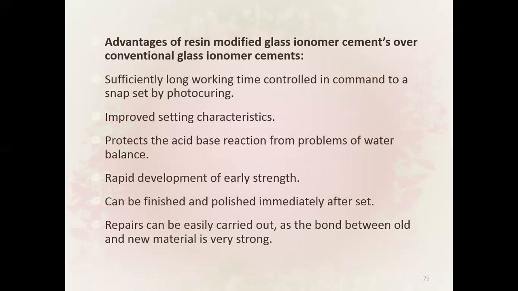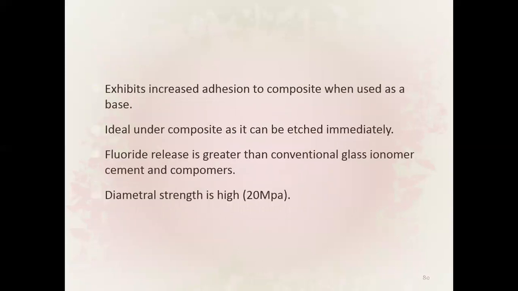Repairs can be easily carried out as the bond between old and new material is very strong. It exhibits increased adhesion to composite when used as a base, and is ideal under the composite as it can be etched immediately. Fluoride release is greater than conventional glass ionomer cements and compomers, and diametral tensile strength is high, that is 20 megapascals.